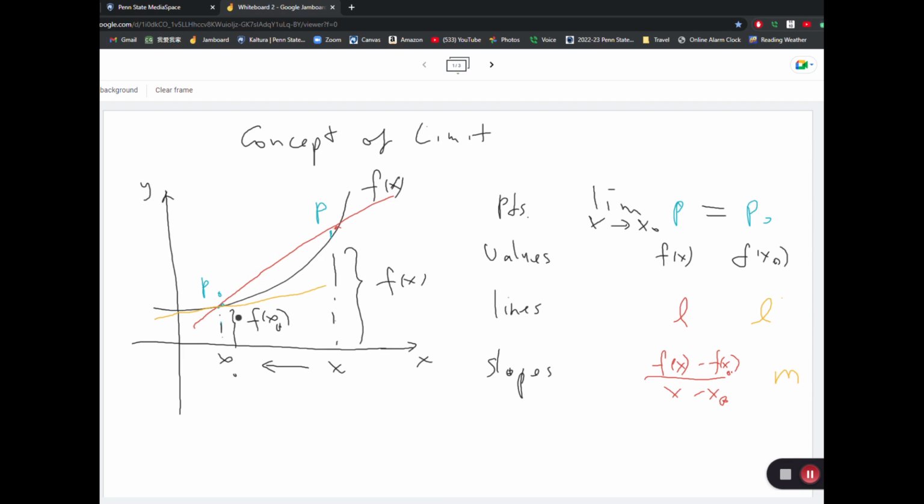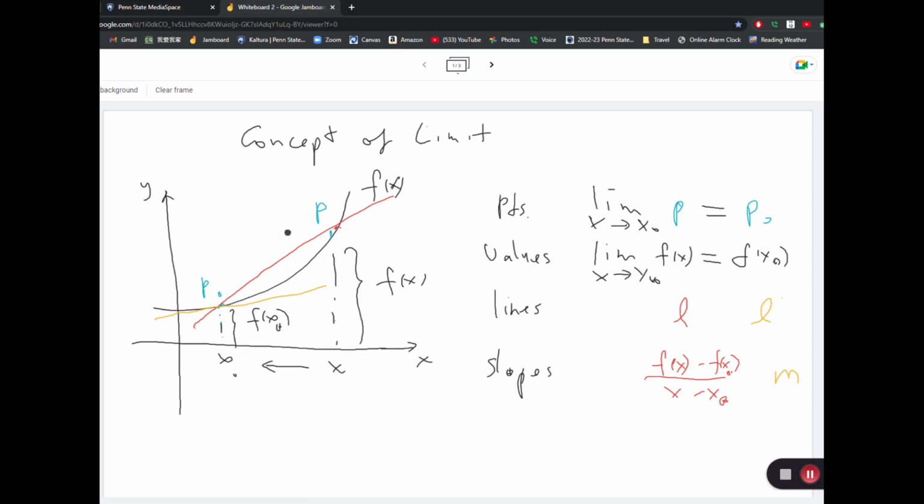So we denote this result also using the limit notation. We say in mathematics, the limit of f of x as x goes to x0 is f of x0. So this is another example of limit. There's more.